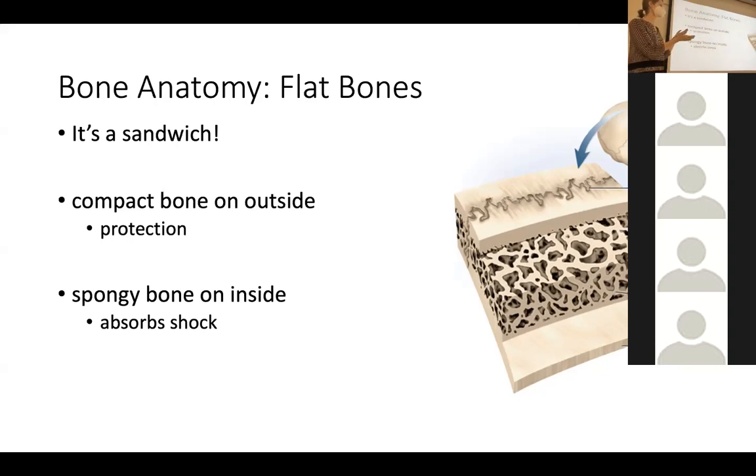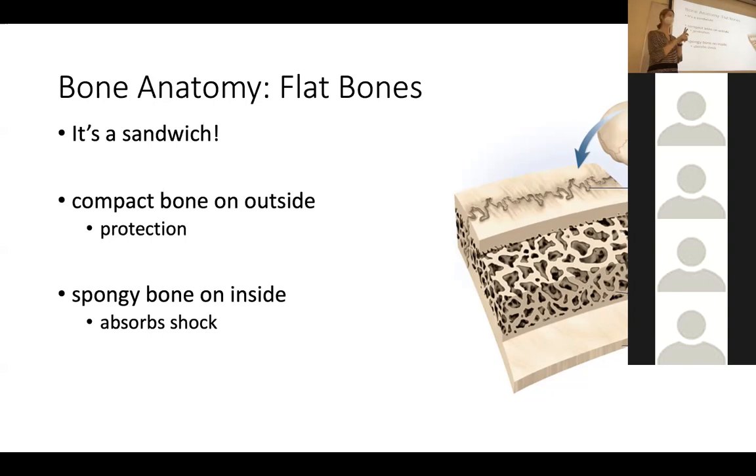The compact bone on the outside of all of the bones of your head essentially helps protect the organ inside. The spongy bone basically helps absorb shock. So if you get hit in the head, the compact bone is going to keep whatever hit you from actually hitting your brain, and the spongy internal piece is going to help your brain not be hit up against your skull, right? So it allows for some shock absorption.